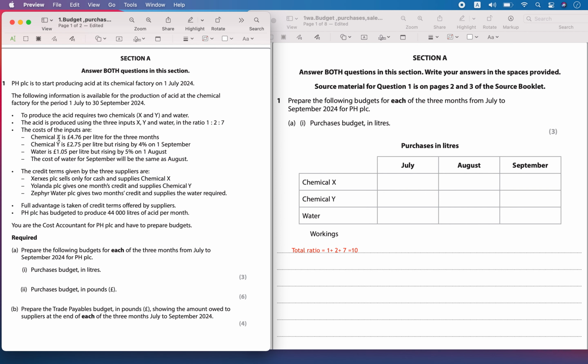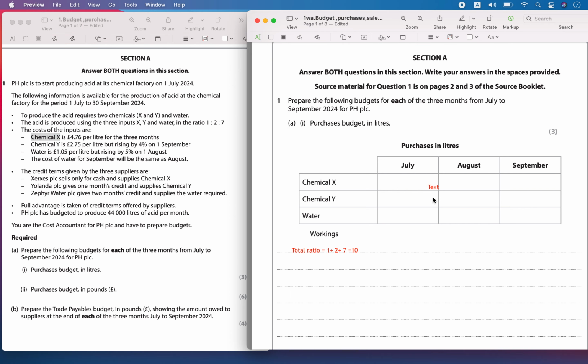Now how much of chemical X I have to buy? The chemical forms 1 divided by 10, 1/10 portion of the total 44,000 liters.